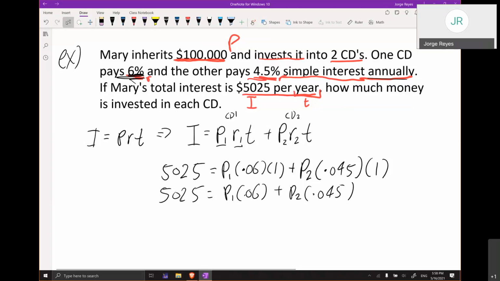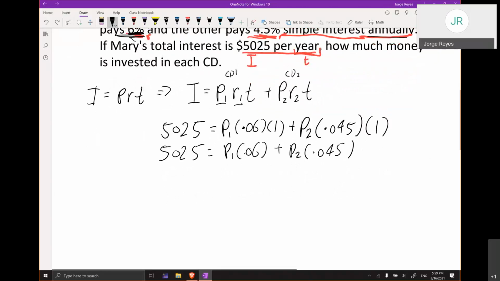So if you notice, the only number I haven't used is this $100,000, okay? And that's what we need to use to figure out the rest of the problem. Because if $100,000 is what she's investing into these two accounts, that means P1 plus P2 is $100,000, okay?